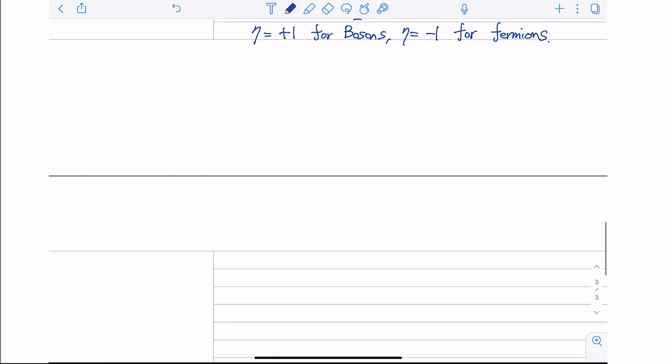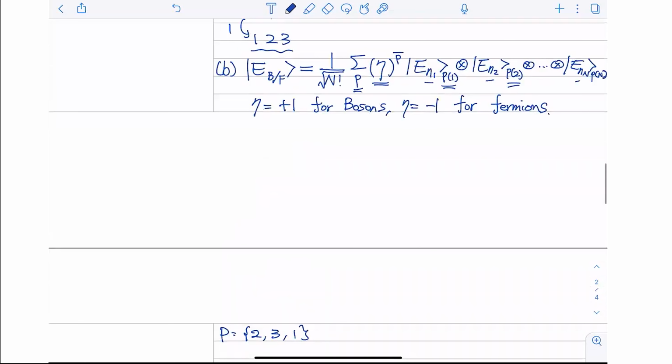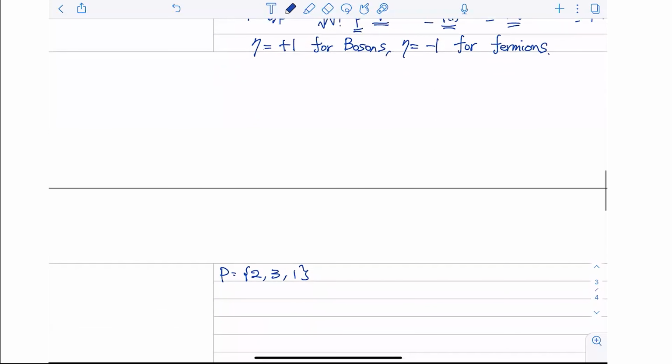Let's try to take a simple exercise for the 3-particle case. For a particular element of the permutation group, suppose we have a permutation of 2, 3, 1. Then we can ask what is the corresponding term for bosons and for fermions.